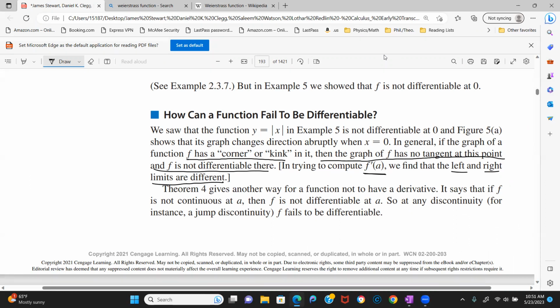If you compute the right hand limit, you're going to get 1, whereas if you compute the left hand limit, you're going to get -1. So the left and right hand limits are different, which means the overall limit doesn't exist.